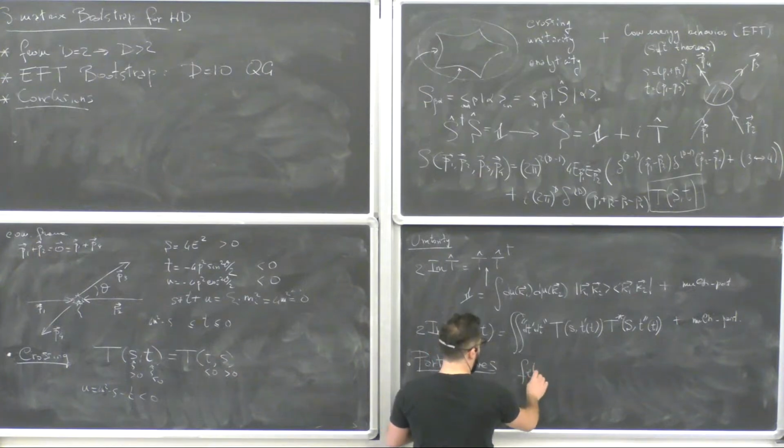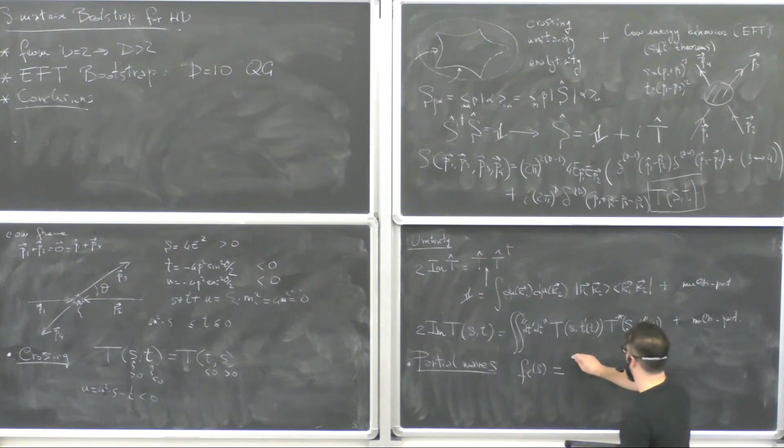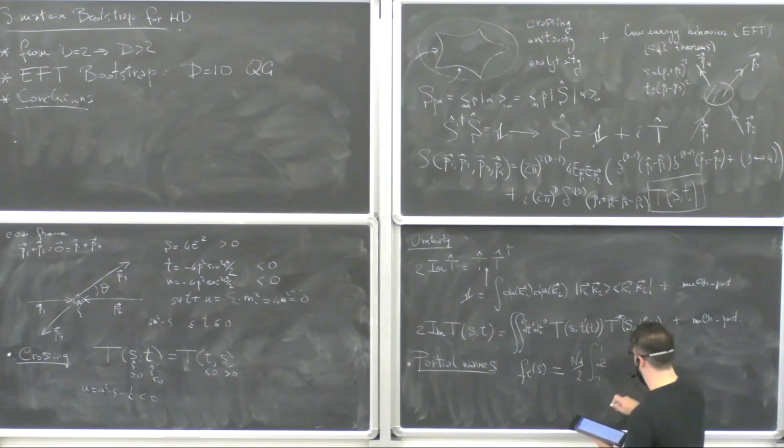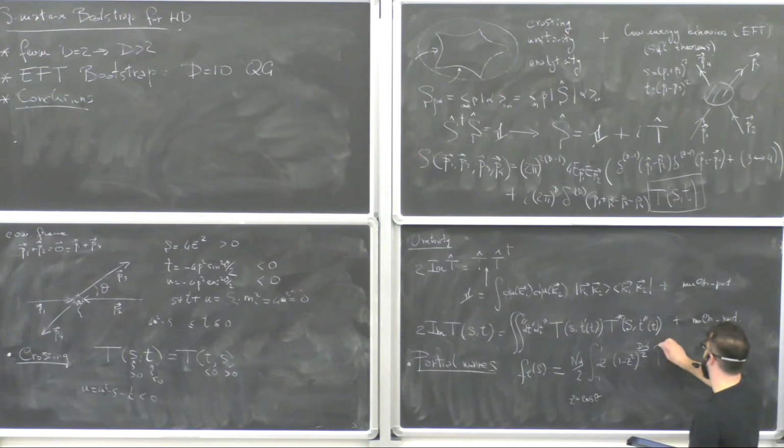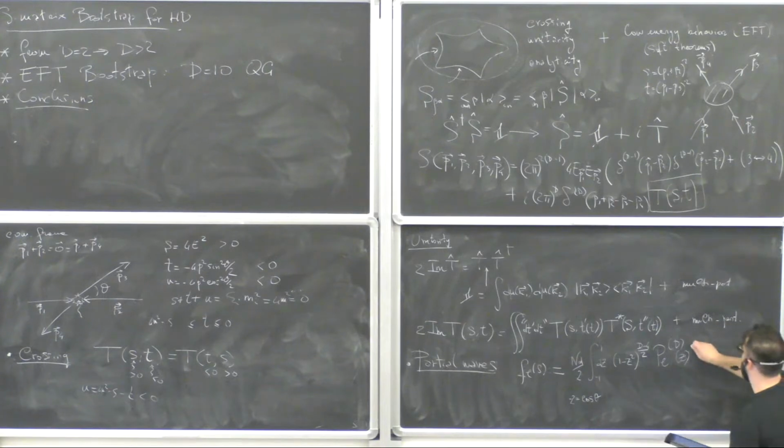We define F_L of S, which is equal to some normalization factor that depends on the dimension, the integral from -1 to 1 in dZ, where Z is the cosine theta. Here there is some measure that will be important when we go to D dimensions, (d-4)/2. Then there are the d-dimensional partial waves, which are just Legendre polynomials in d equals 4. And then we have T of S and t of Z.